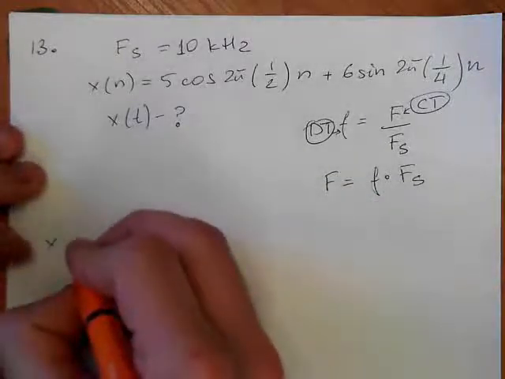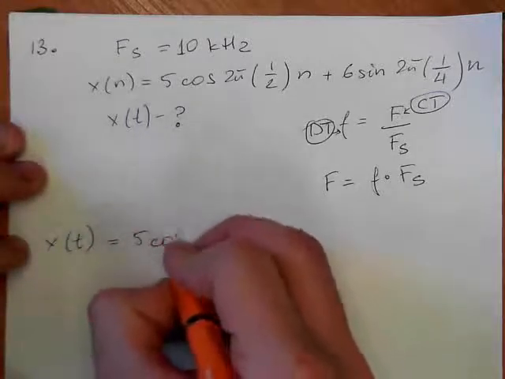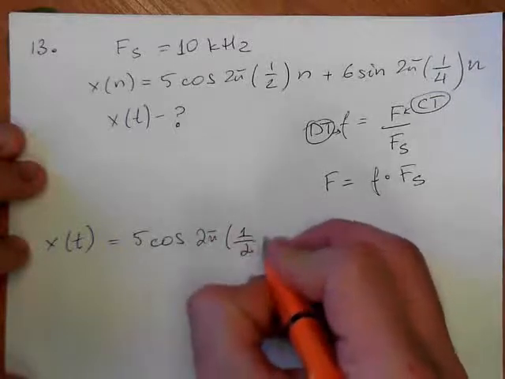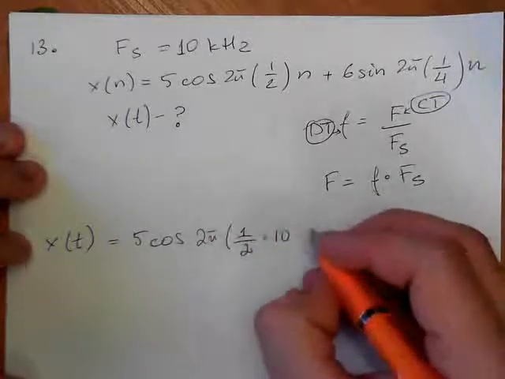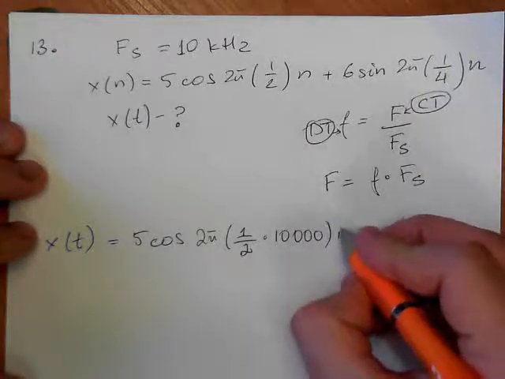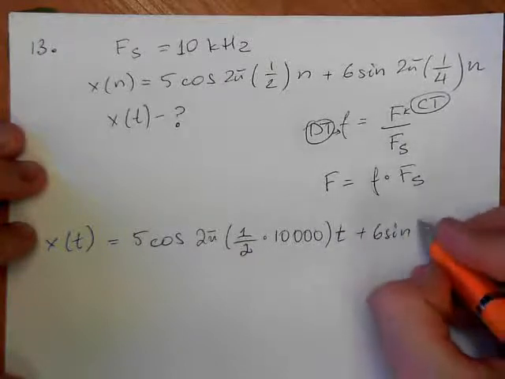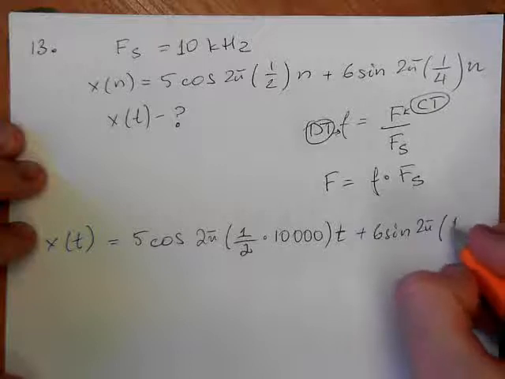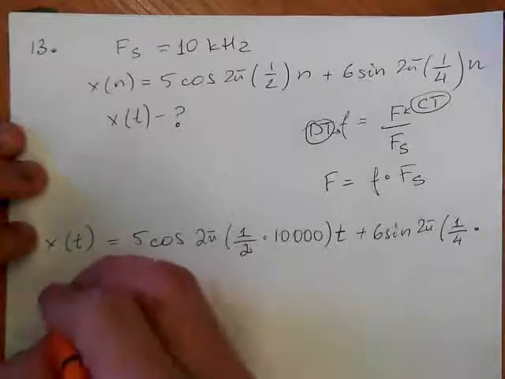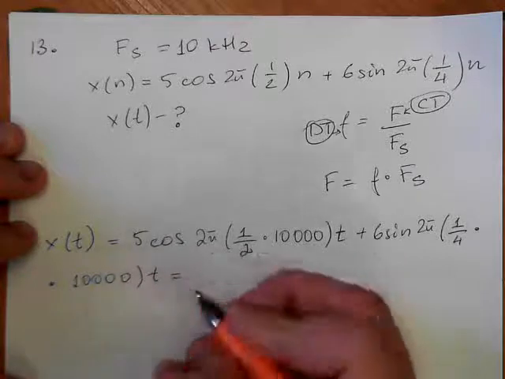So we write that xt is 5 cos 2 pi a half times 10 kilohertz means 10,000 hertz. This will be now t plus 6 sine 2 pi 1 divided by 4 times 10,000. This will be t.